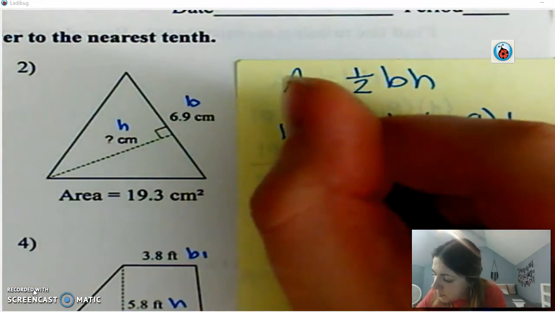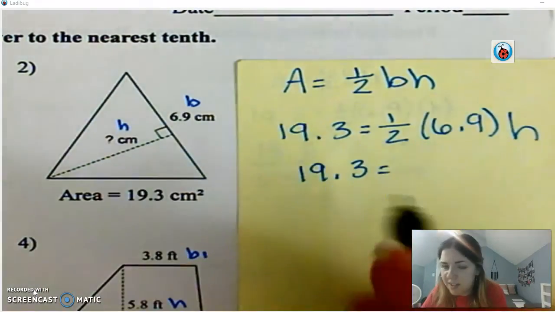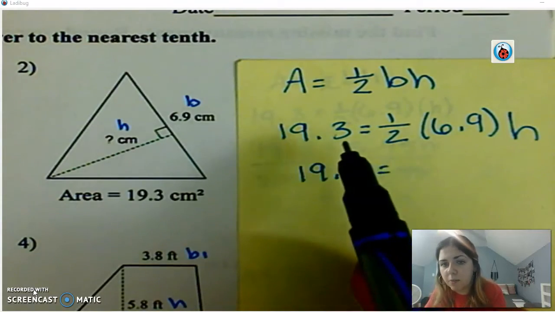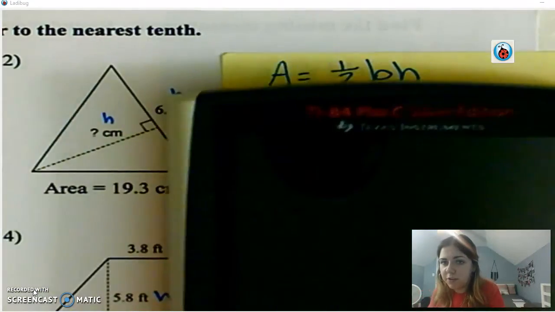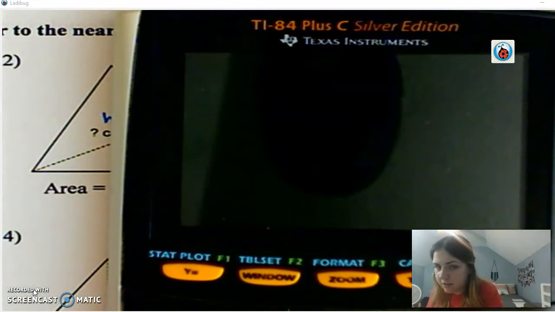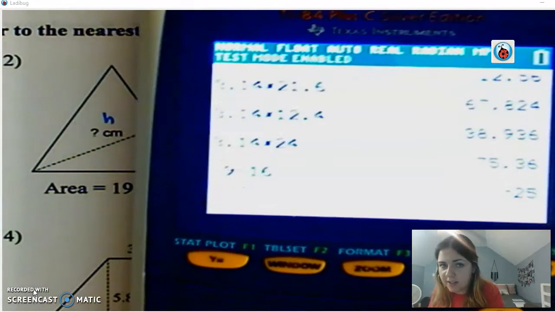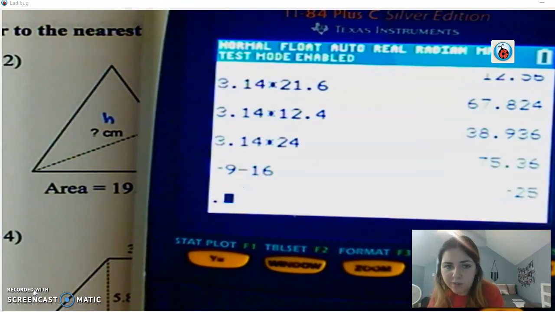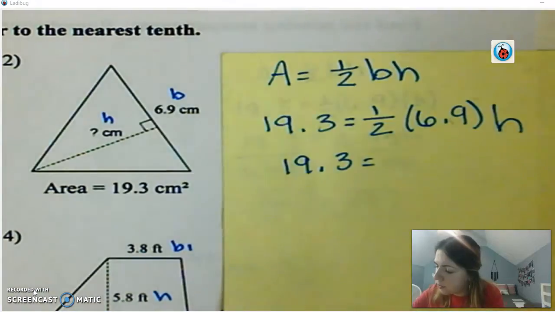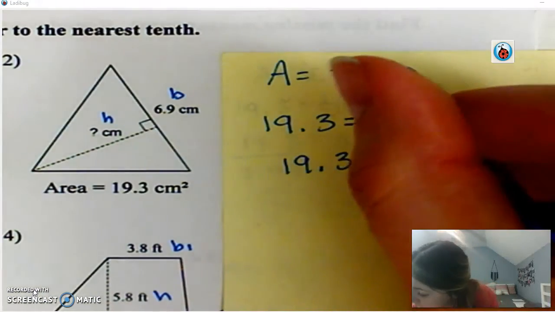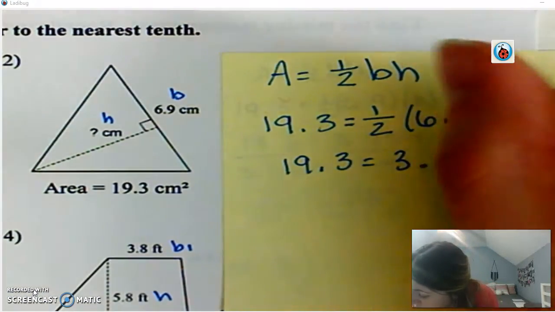So I've got 19.3 equals, and in my calculator 1/2 times 6.9. If you can't type in a fraction, 1/2 is 0.5. So 0.5 times 6.9, and I'm going to get 3.45.